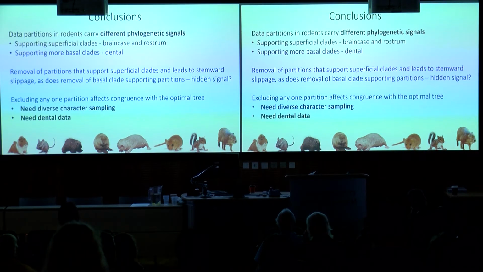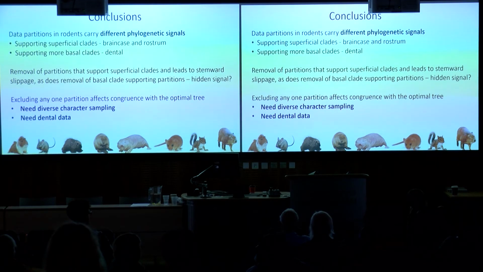So a few conclusions I've come to are that data partitions in rodents contain different phylogenetic signals. So we have some partitions supporting more superficial clades, such as the brain case and the rostrum. And then we have partitions which support more basal clades, such as the teeth.